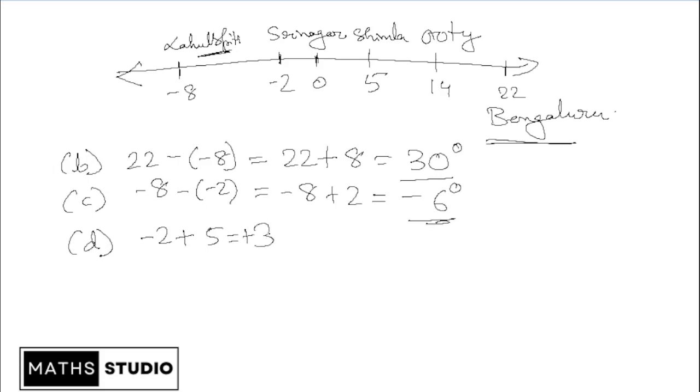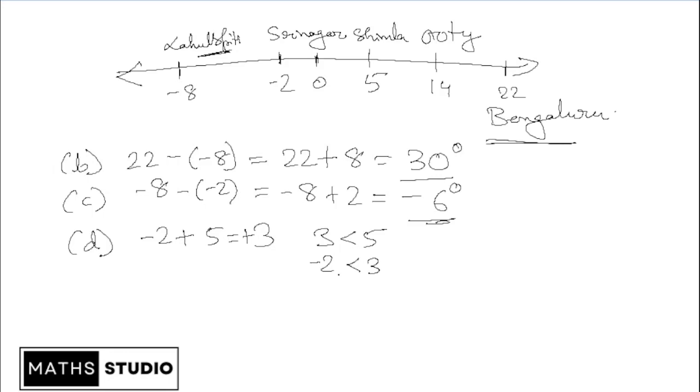Now, is +3 lesser than Shimla's temperature? That is 5. Yes, it is lesser. So 3 is lesser than 5. Now, is it also lesser than that of Srinagar? Srinagar is -2, which is lesser than 3 degree. So Srinagar's temperature is lesser than that of the combined temperature of Srinagar and Shimla.